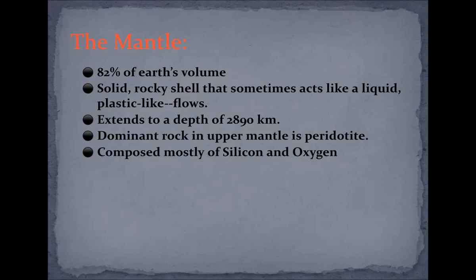So this extends to a depth of 2,890 kilometers. Okay, we don't need to be too concerned with these numbers, but we need to know when I'm talking things are thick versus thin. The dominant rock in the upper mantle is peridotite, and it is composed mostly of silicon and oxygen.